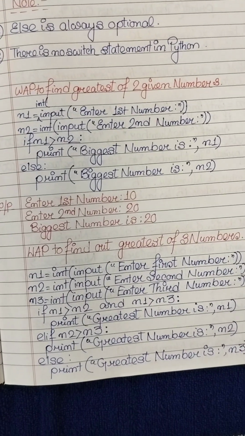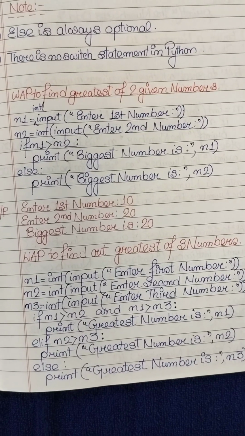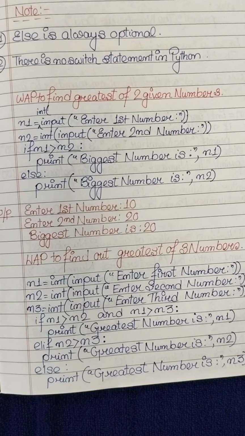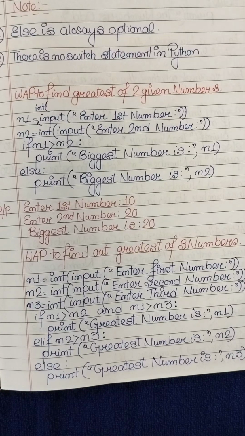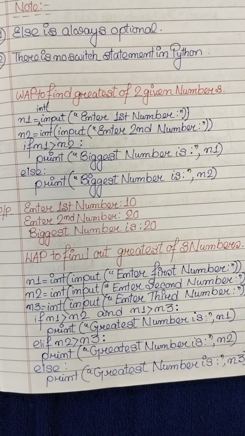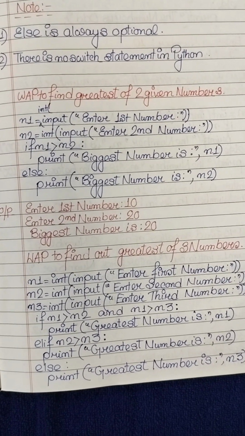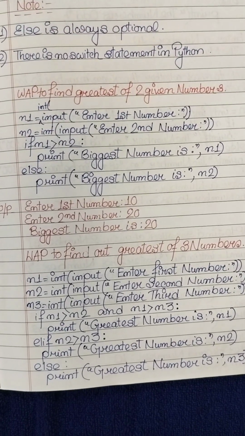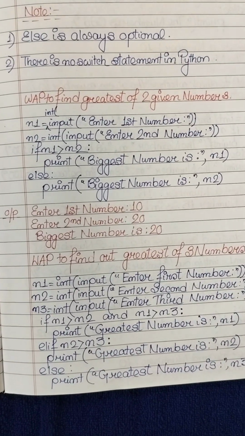We have already discussed the conditional statement, and today we are going to discuss various conditional statement oriented programs and how we are going to solve them, what the output is and what the code is for the various conditional statements. Okay, now we should start.